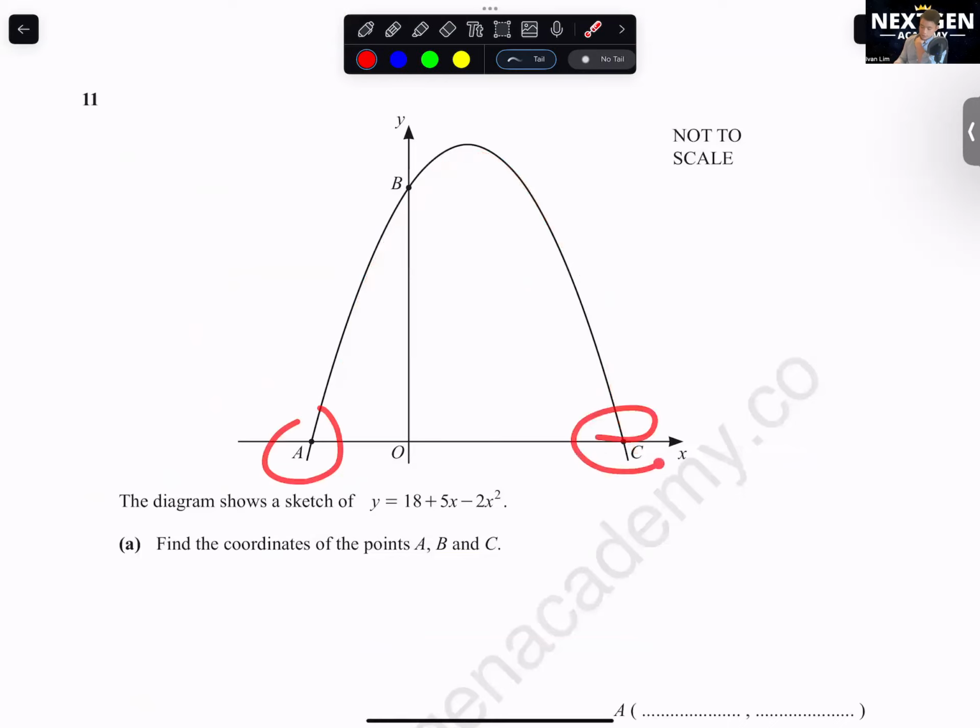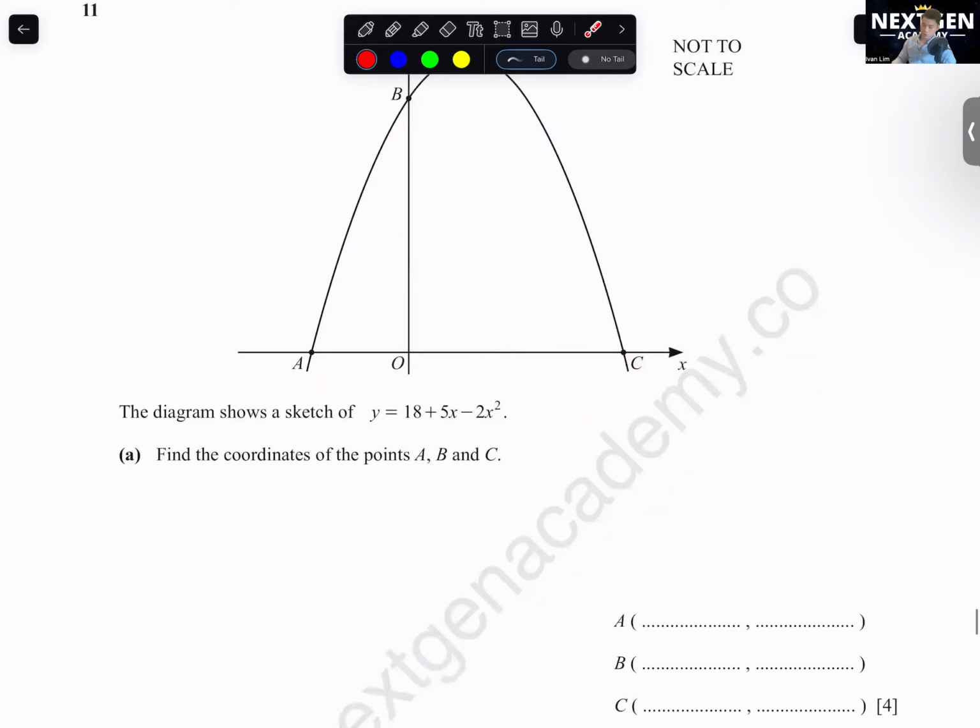A and C are x-intercepts, B is the y-intercept. X-intercept means y equals 0, y-intercept means x equals 0. Let's find the y-intercept first, because there is only one. Let's find point B.